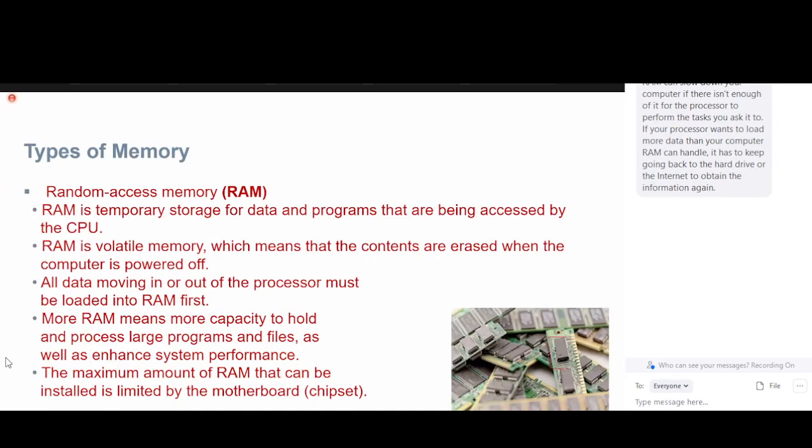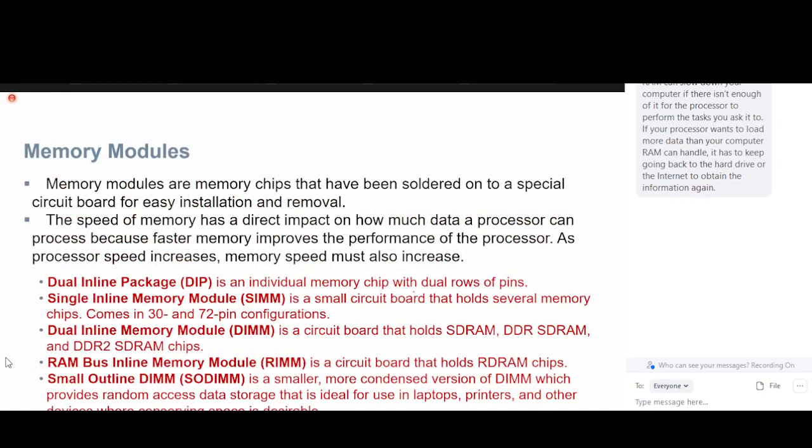This single chip has dual inline connections. Those are the inline connections, right? Both sides. That's why we call it dual inline package. But there's not a single chip on the memory. There are multiple chips soldered to give you more space.